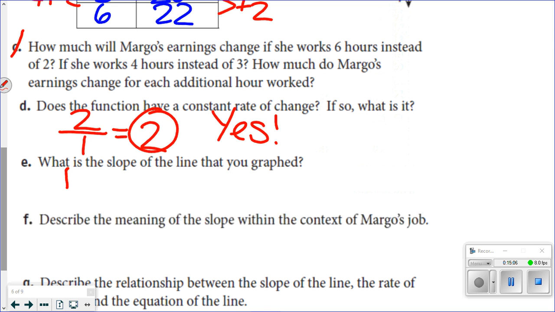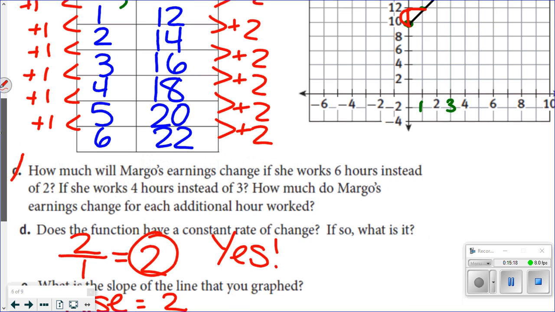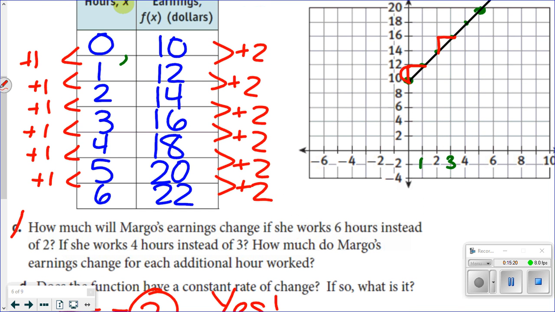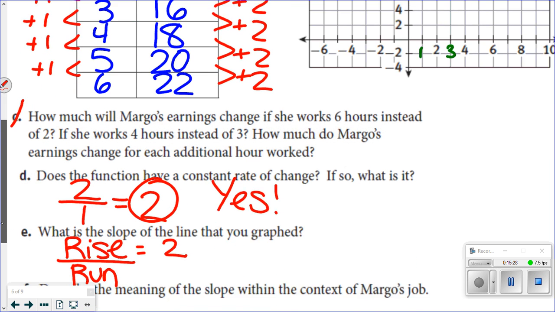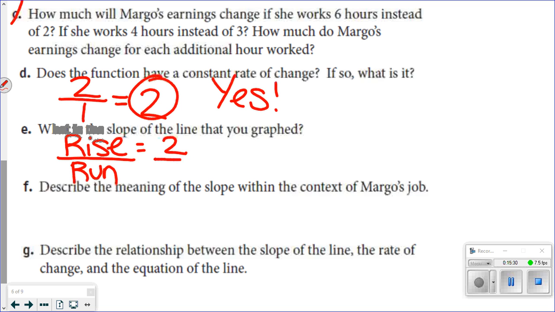So my rise from 10 to 12 is 2. And then let's go ahead and count the run. My run, I'm going from 0 over to 1. So from 0 to 1, we're moving one number. Now remember, we can always reduce.